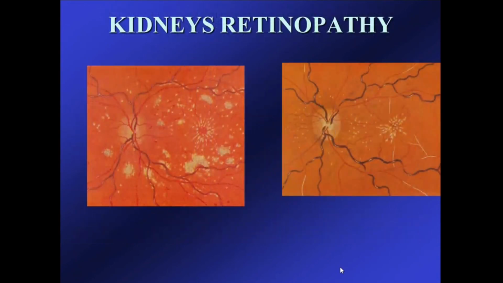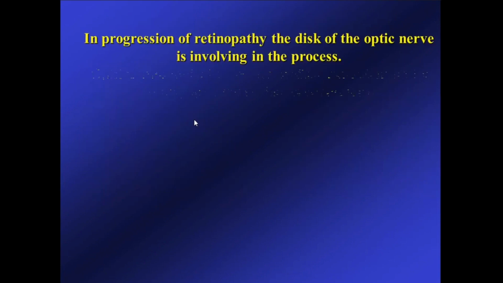But look at these pictures, you can see different soft exudates, hemorrhage, and in the macular area we can see the star. And this is the typical picture for kidney retinopathy.